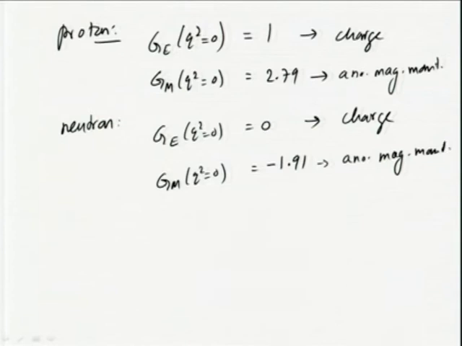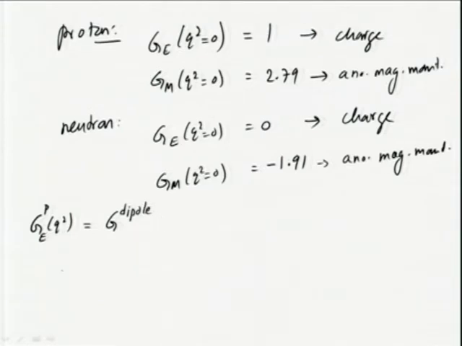Now, when q square is not equal to 0, for example if you take GE of the proton, this is not equal to 1 for q square not equal to 0.